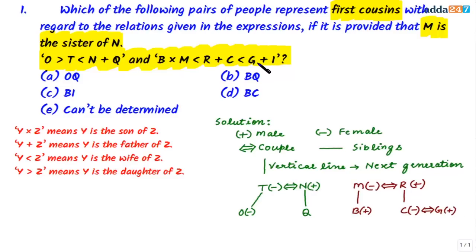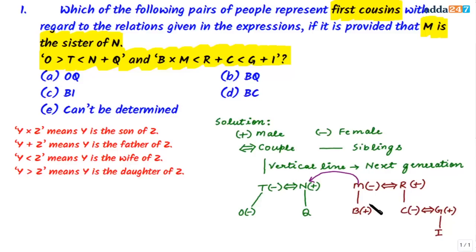And then we have G plus I. From this information, this will mean that G is the father of I. That means we move to the next generation further, and here we will have I. Also, it is given in the question that M is the sister of N.